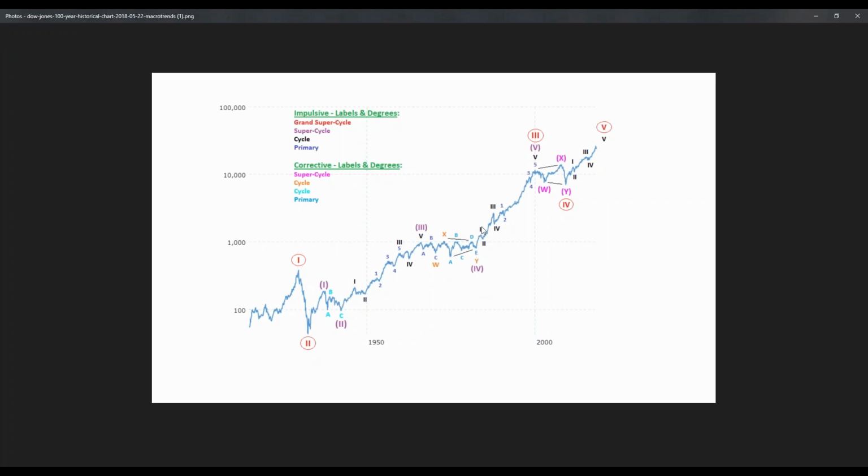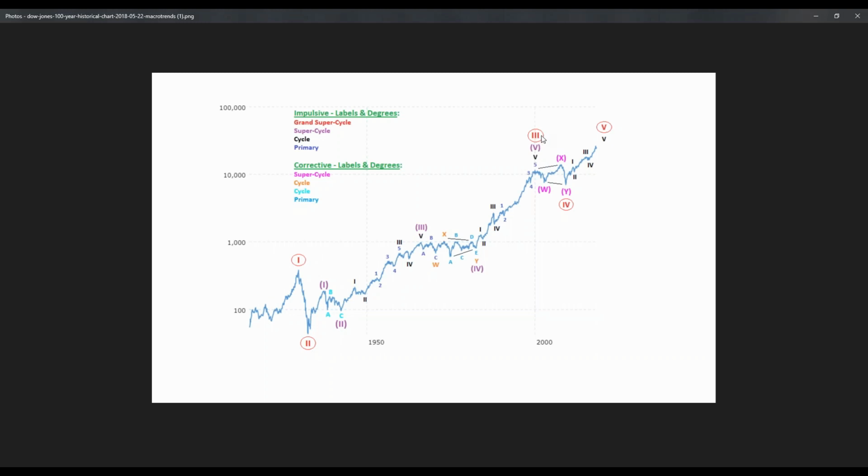And then the bull market returned 1, 2, 3, and then 4, 1987 Black Monday, right? And then 1, 2, 3, 4, 5, ending with an extension in the fifth wave. So the market revived. And then this black cycle wave 5, the black 1, 2, 3, 4, 5, ends the super cycle 5, but also ends grand super cycle 3. So we have grand super cycle 1 red, 2 red, 3 red.